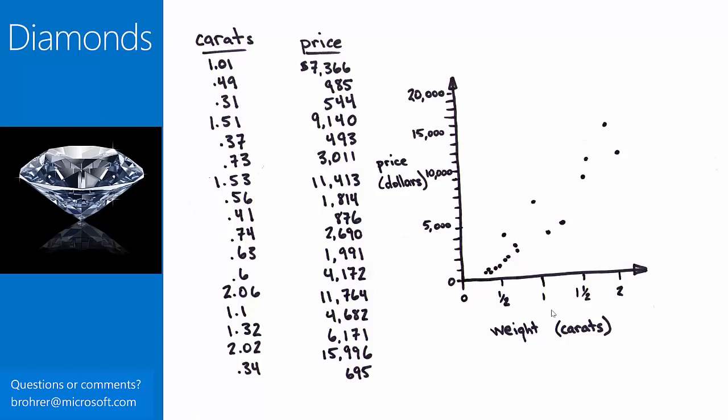If I owned a business and I was asked, what size diamond should I choose in order to make a ring as inexpensively as possible? From here, it's obvious that price goes down as weight goes down, so the answer is choose the lowest weight diamond you possibly can. We're good at pulling out those types of insights just using our eyes, taking this picture of the data and turning it into an idea.